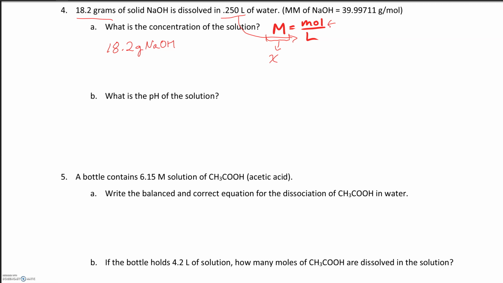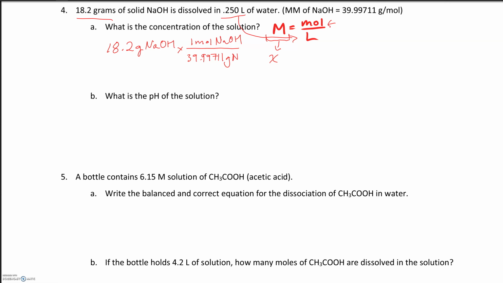By this point, you should know that in order to convert from grams to moles, you divide by the molar mass, or multiply by the moles over molar mass. So we have 1 mole of NaOH, and that 1 mole of NaOH has a molar mass of 39.99711 grams, because the mole goes on the top.